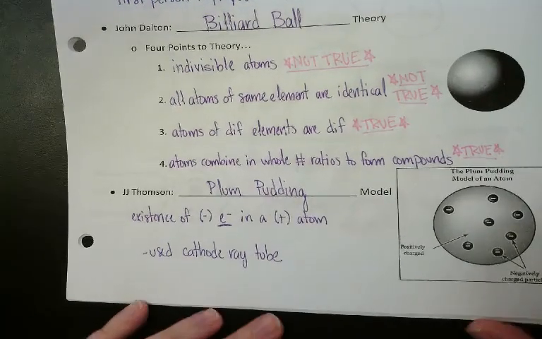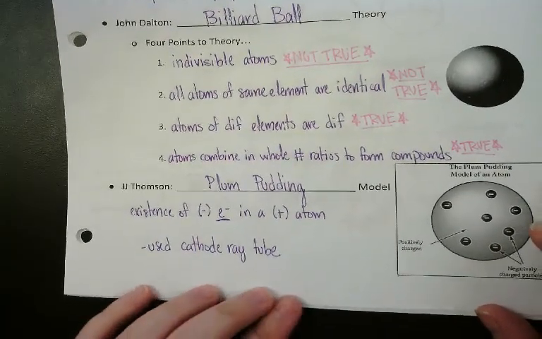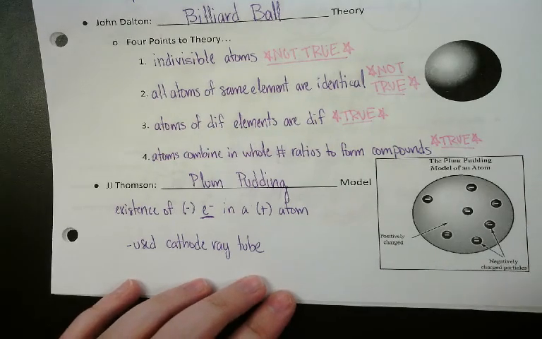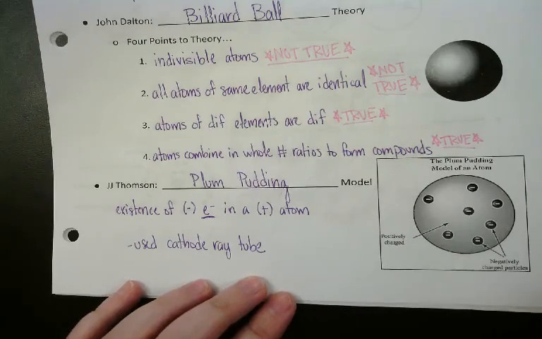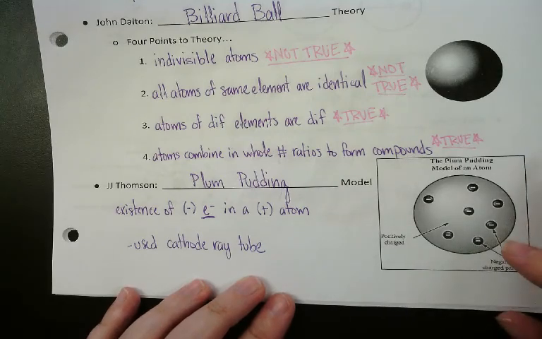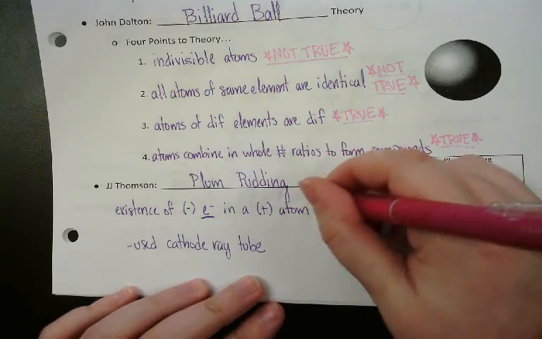Next is Thomson. And he said that there are negative electrons in a positive atom. Is this true or not true? Y'all saying true? Sorry, no, it's not true.